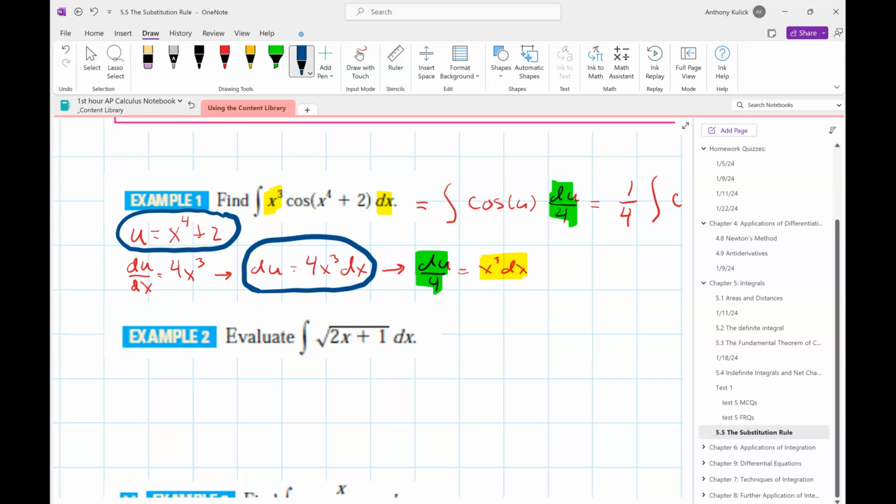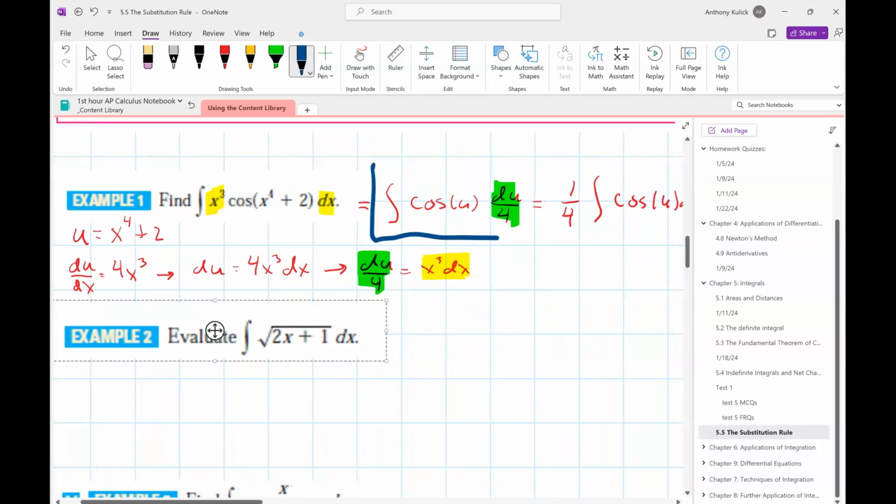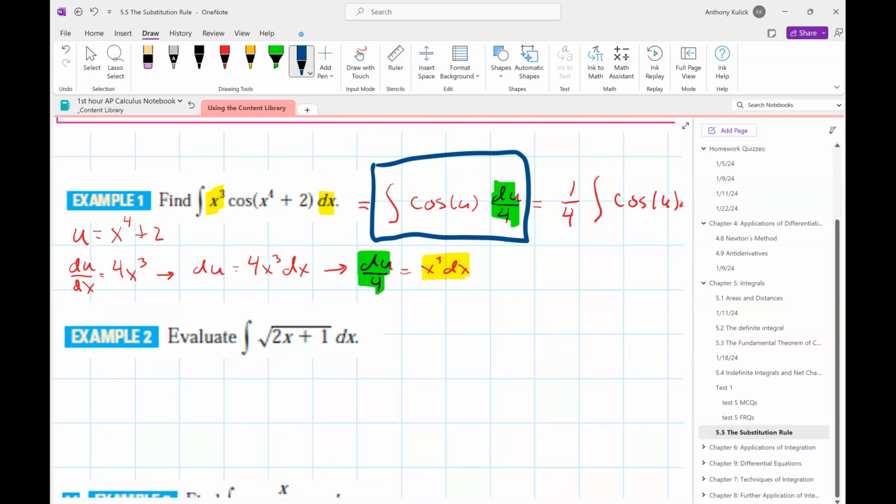When we make that substitution, we're going to be left with something we have an anti-differentiation rule for, as opposed to where we started, where we don't know how to do the antiderivative of a product of two functions. What do we do with that? We don't have any rule to handle that. So we did this substitution to get us into a place where we have antiderivative rules now.